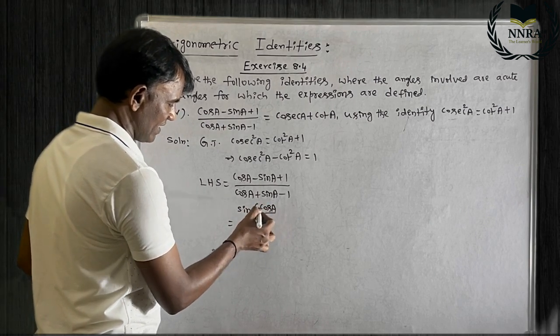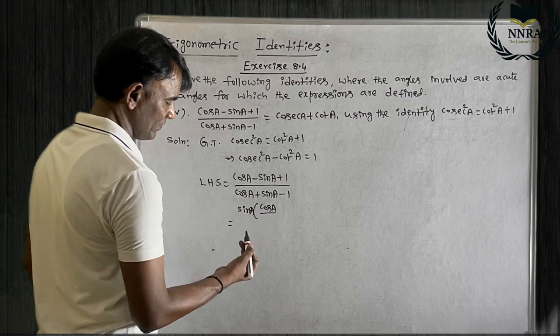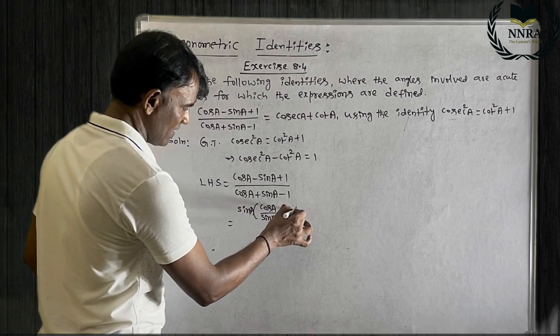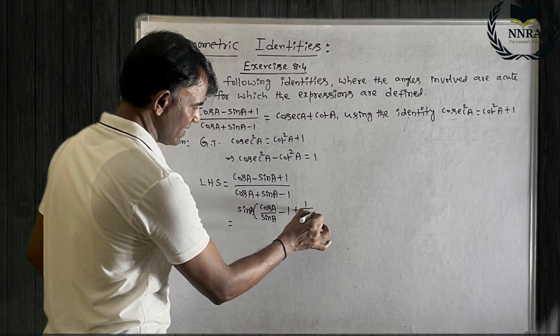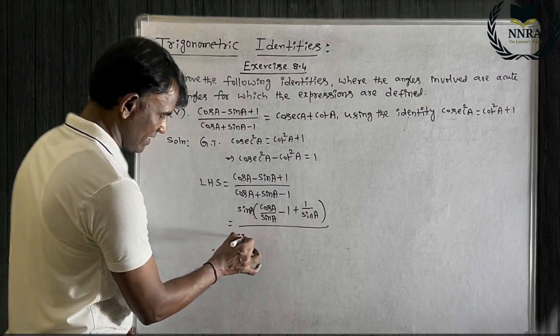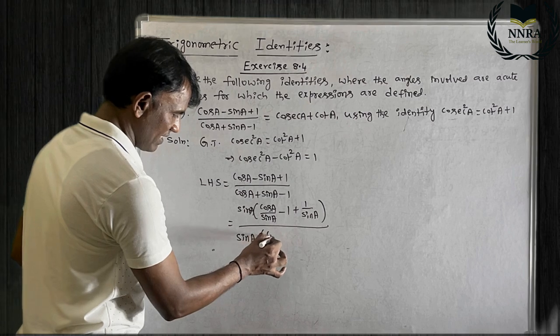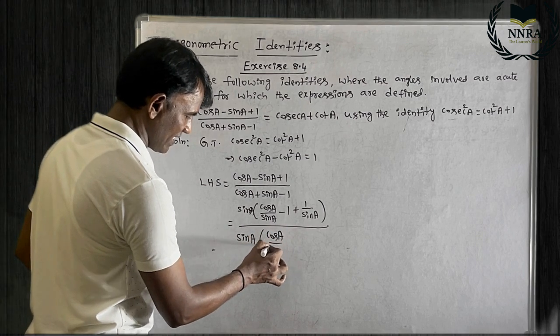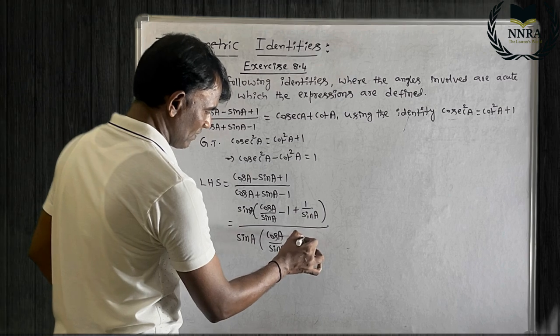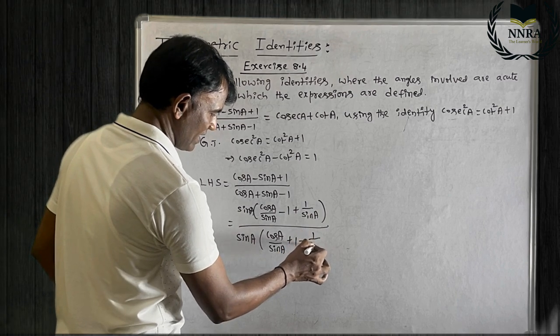So that can be written as sin A into cos A by sin A minus 1 plus 1 by sin A. And the same for the denominator. What is that? Sin A is common. Then the first term is cos A by sin A. And what about the second one? Plus 1 minus 1 by sin A.